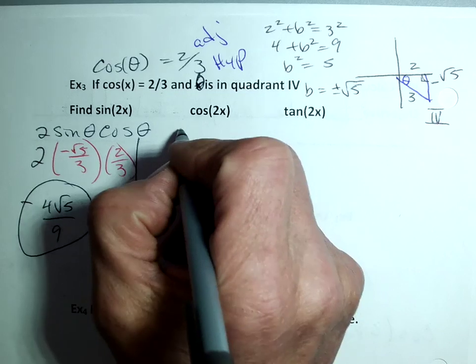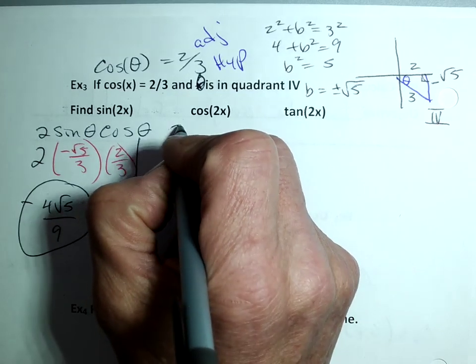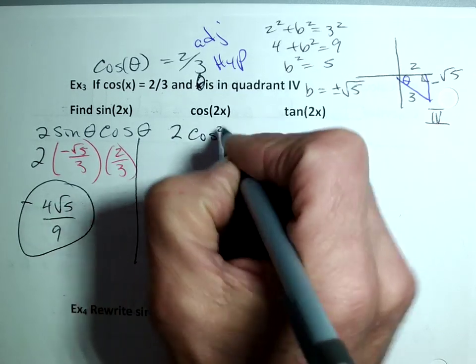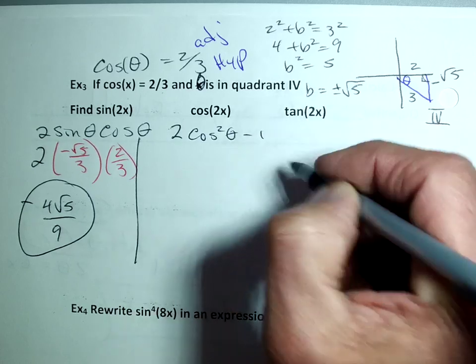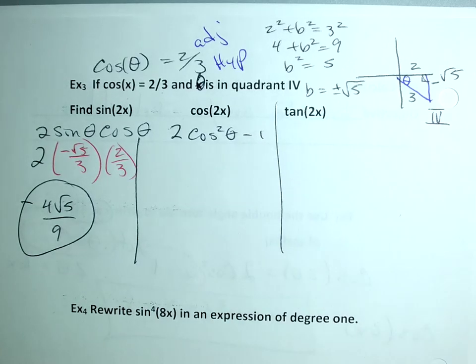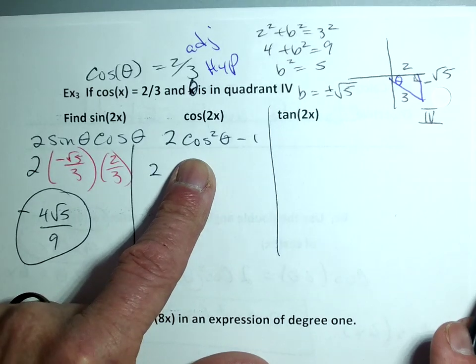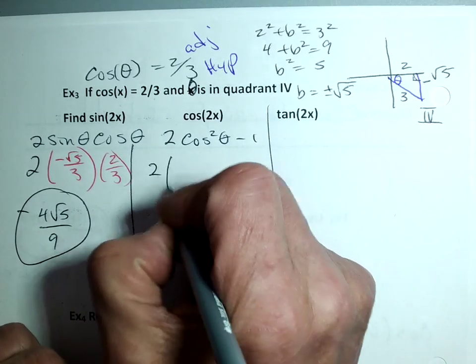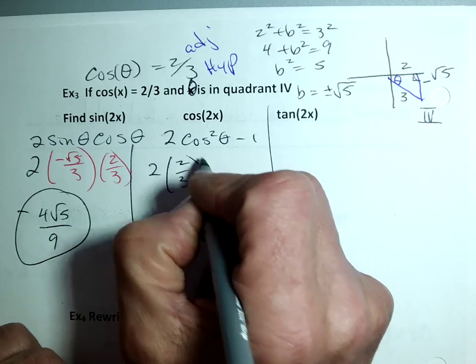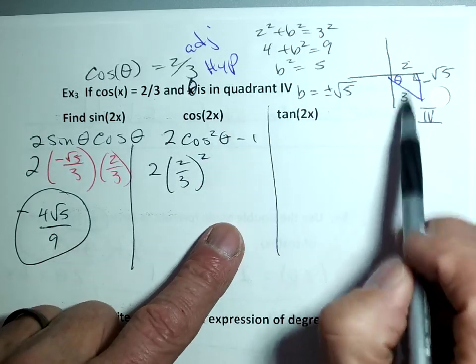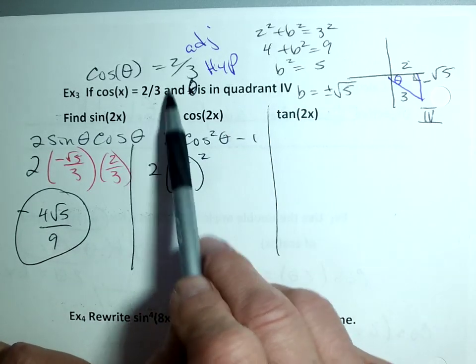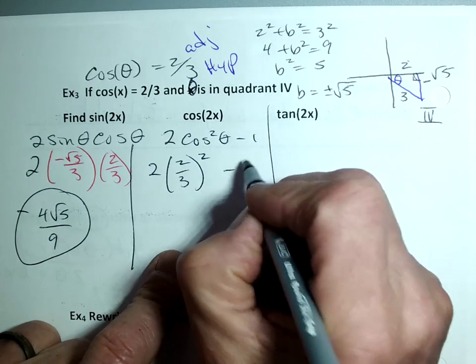Eduardo said, I think this one looks easier. So Eduardo said, let's use 2 cosine squared theta minus 1. All right, so it's easy. 2 times, what's cosine of the angle? 2/3, right? 2/3 squared, because cosine's adjacent over hypotenuse, minus 1.